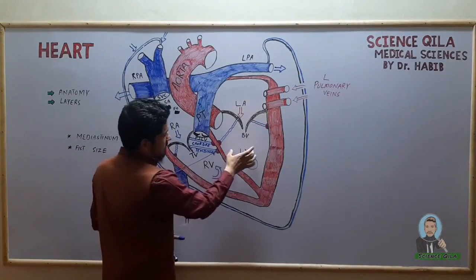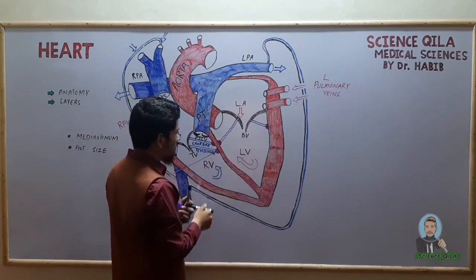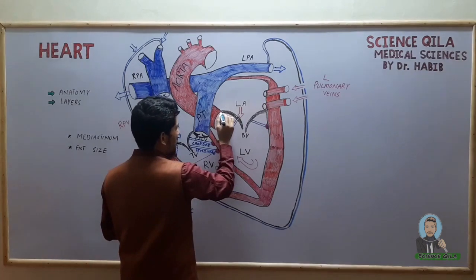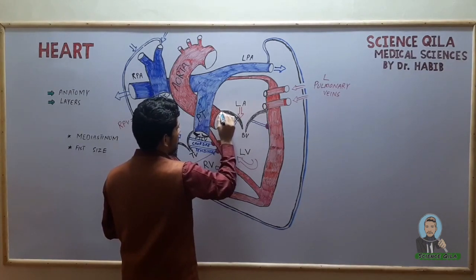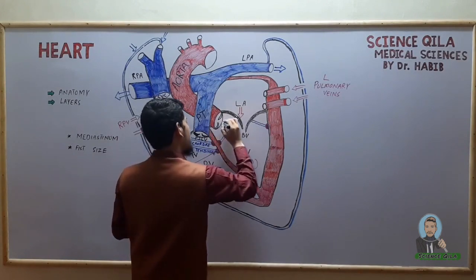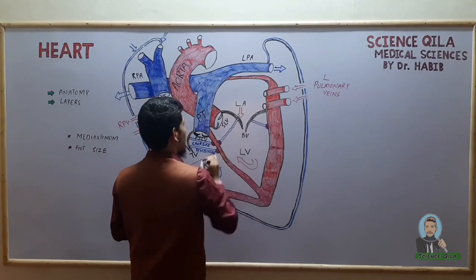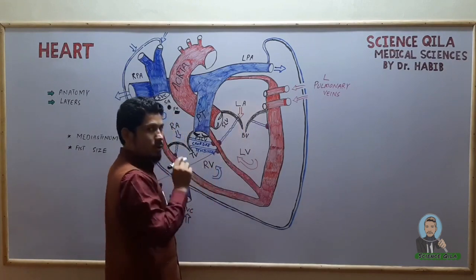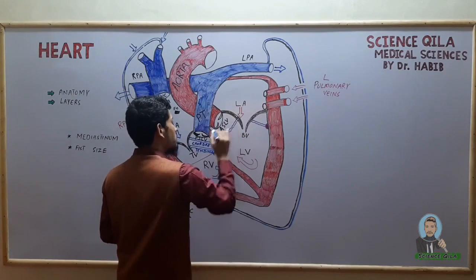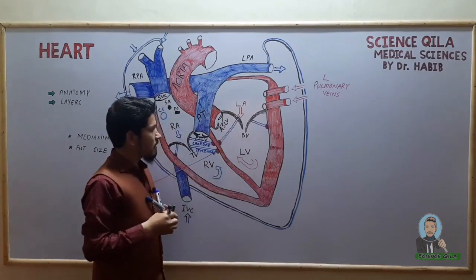Then the blood will be pumped into the aorta, and here again we have one valve at the opening of the aorta, which is also shaped like a half moon. That's why we call it the semilunar valve. And because it is at the opening of the aorta, we call it the aortic semilunar valve.